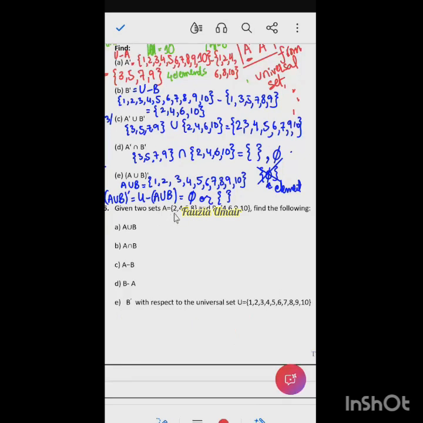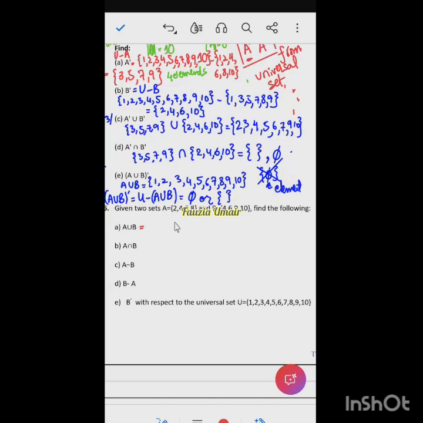A union B. Union means all elements. Union is all elements of both sets.